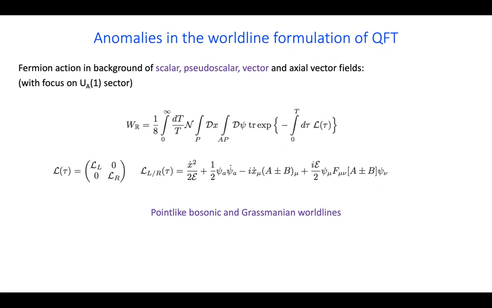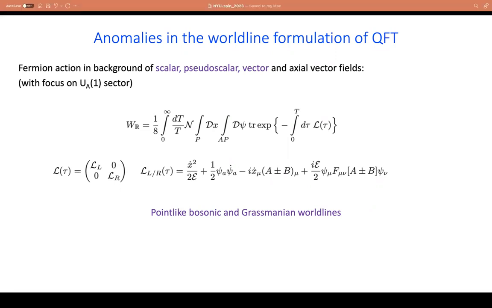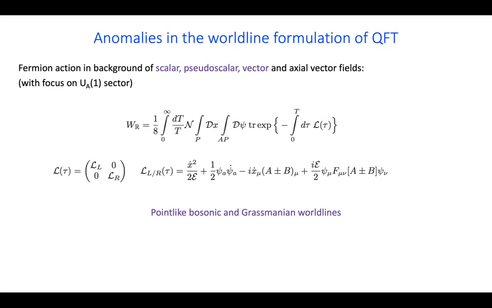So these are not fields, these are actual quantum variables, just like in quantum mechanics. And these objects have periodic and these have anti-periodic boundary conditions, with a worldline action, which for left and right-handed fermions can be written in this form here, where this is the kinetic terms for the bosonic and fermionic fields, and then this is like the Wilson line term, and then there's a spin precession term.